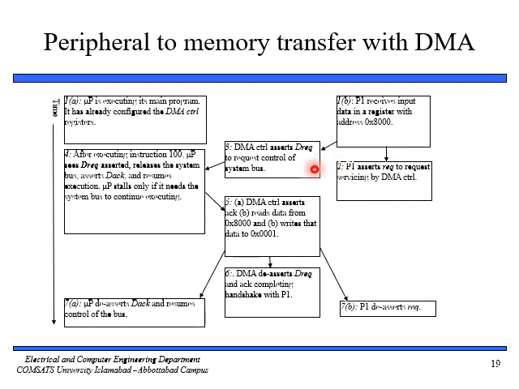In 3, you can see here DMA control asserts DREQ to request control of the bus. So in the third step, the DMA will request the microprocessor to give control of the bus to DMA. After executing instruction 100, the microprocessor sees this request by DMA, sees DREQ asserted, releases the system bus, and asserts DACK.